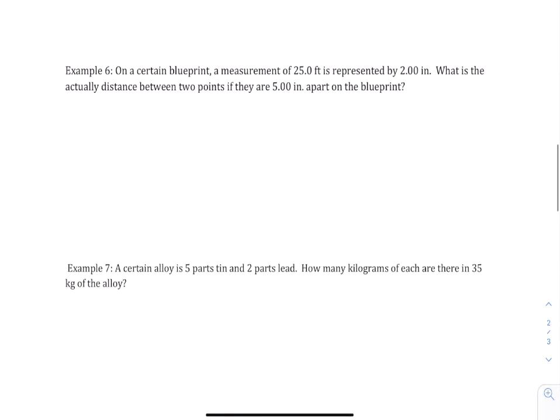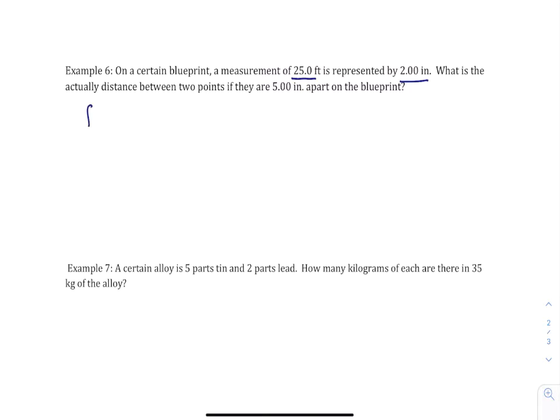Another application that comes up here is in things like blueprints, where we have a scale ratio that's going to be consistent for all parts of that blueprint. We would want to know what the scale is. So here we know that on the blueprint, 25 feet is represented by 2 inches.